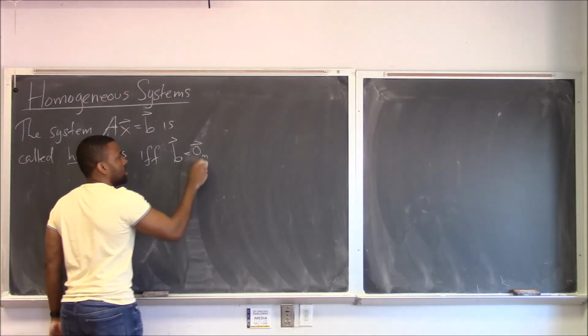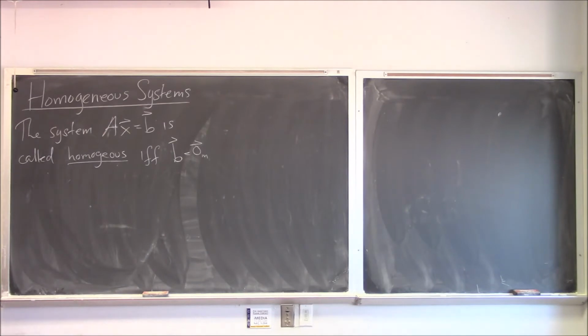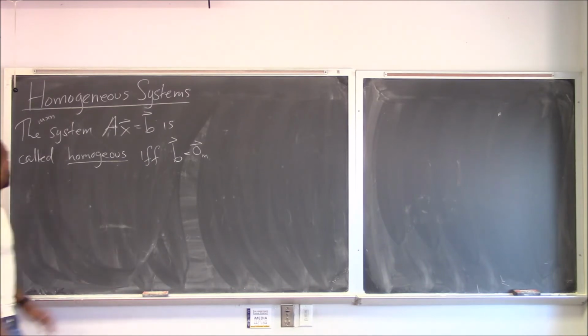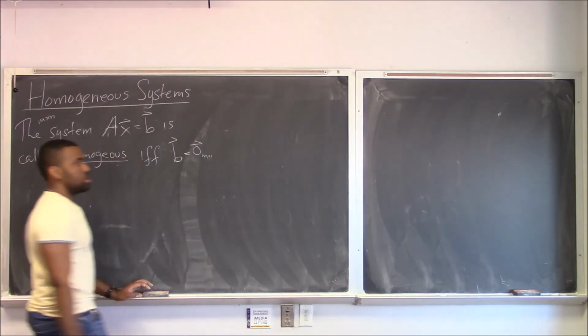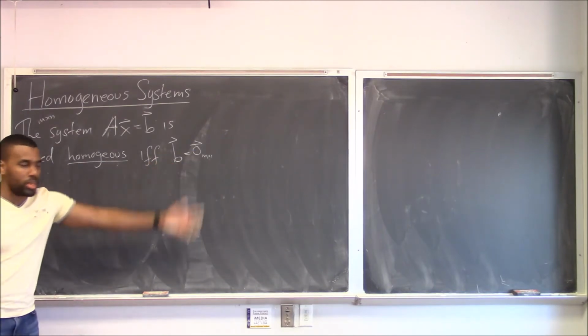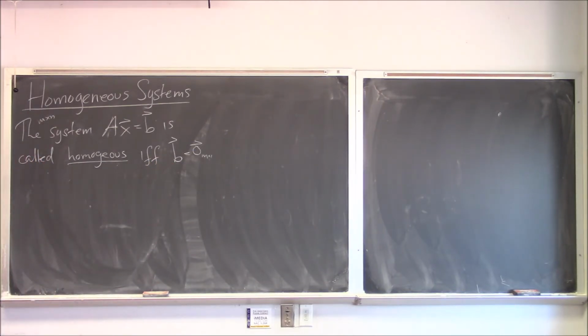If you want to say this is an m by n system, this is of course going to be the m by 1 0 vector. But it's understood that that's what it would mean if your B is 0.